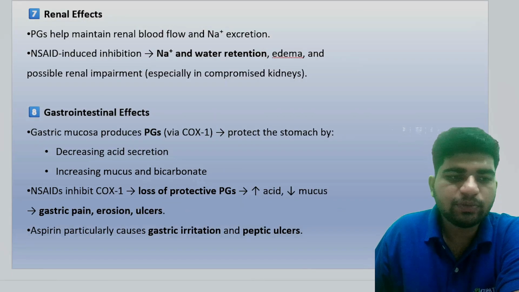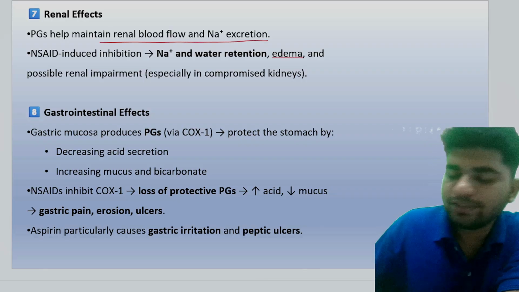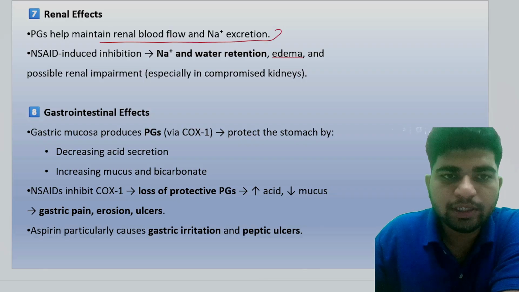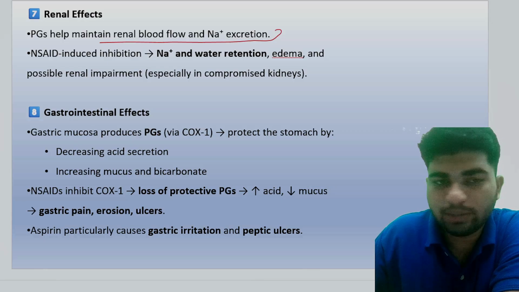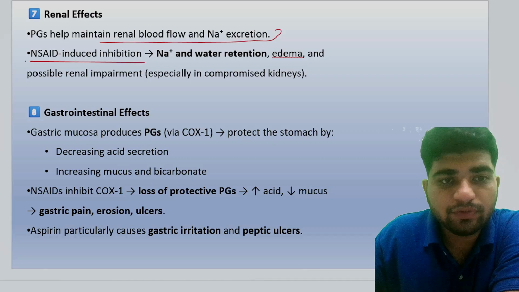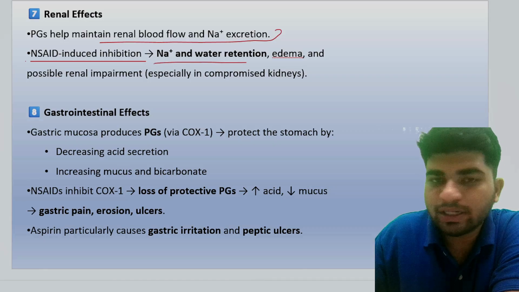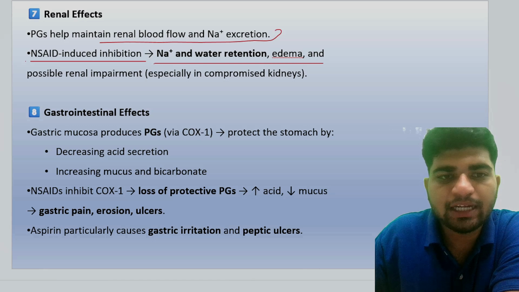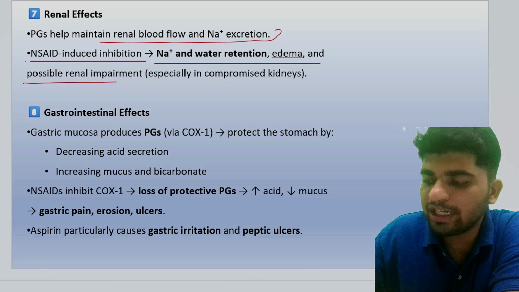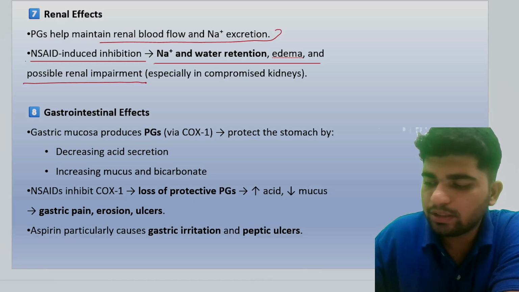So next one is the renal effects. PGs help to maintain renal blood flow as well as sodium excretion. When NSAIDs induce inhibition, sodium and water retention takes place, edema can occur, as well as possible renal impairment. All right, so this might be the condition.